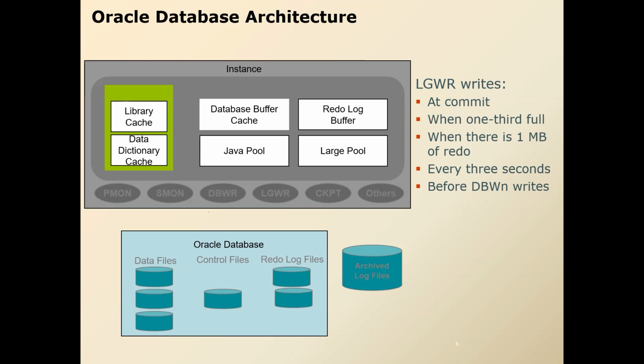So Golden Gate uses these redo log files or archives for capturing the change data, because your redos contain only the change data.